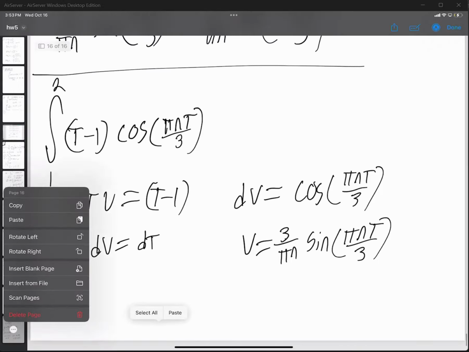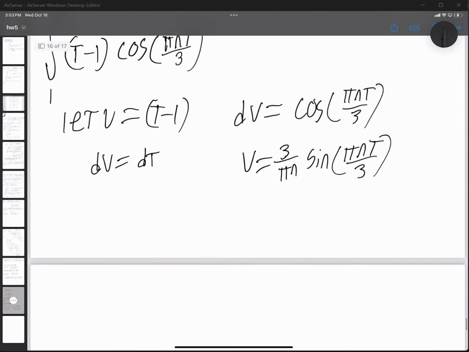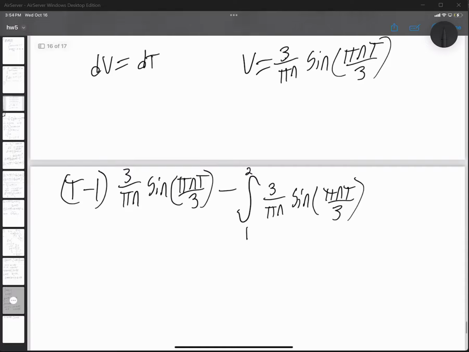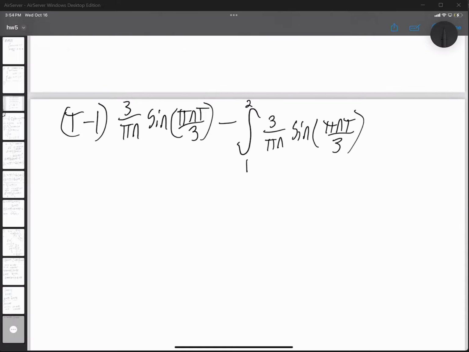Now let's substitute that back in. uv on the left side minus the integral of 3 over pi n sine of pi n t over 3.